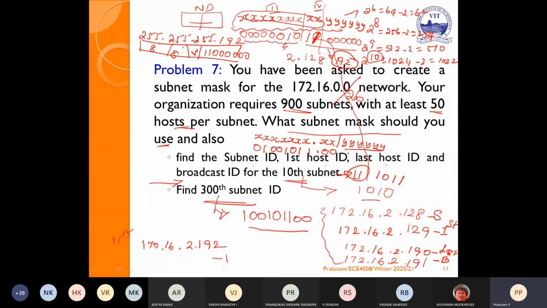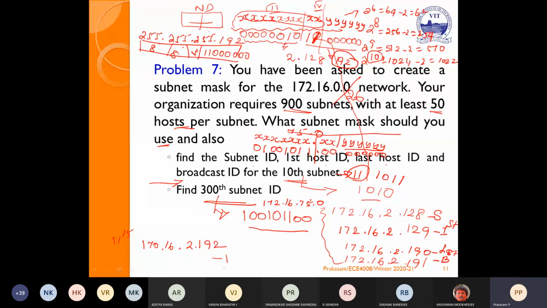The remaining are zeros. Convert this binary into the respective decimal: 0 1 0 0 1 0 1 1. What is the decimal equivalent for this? 75. This is 0. So for the 300th subnet, it is 172.16.75.0. This is the way of finding the subnet ID for any given subnet.